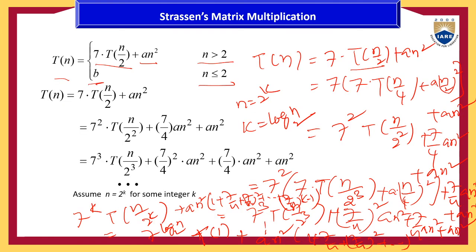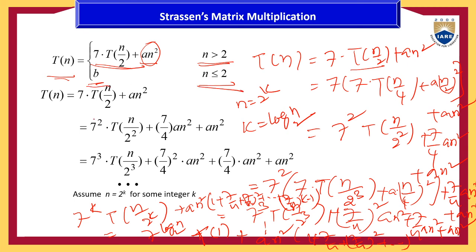So once again, listen. Here T of n: we made 7 multiplications, 7 into T of n by 2, plus a n square. 7 multiplications plus this a into n square is the number of additions for n greater than 2. B is the constant for n less than or equal to 2.